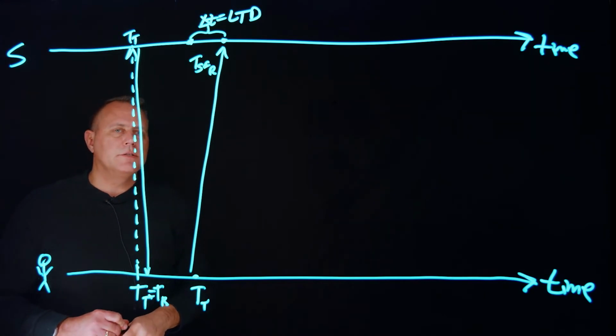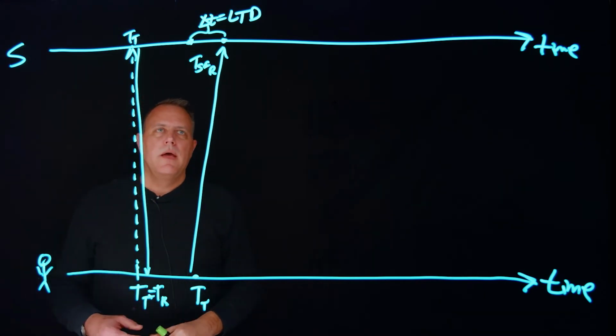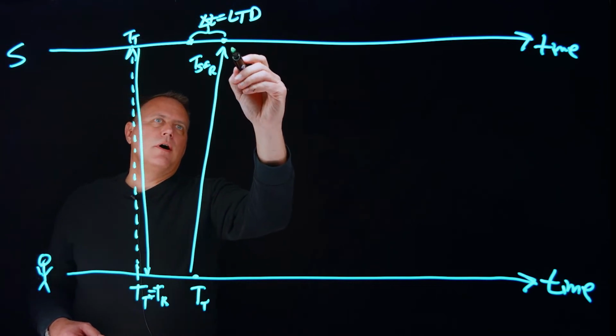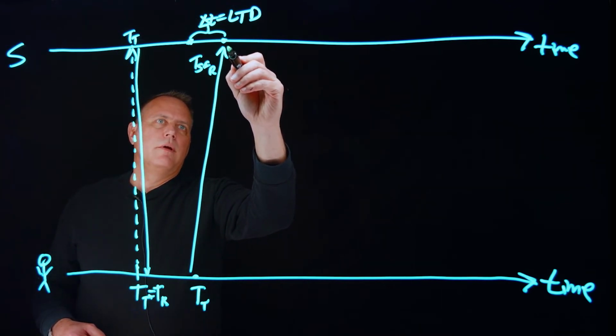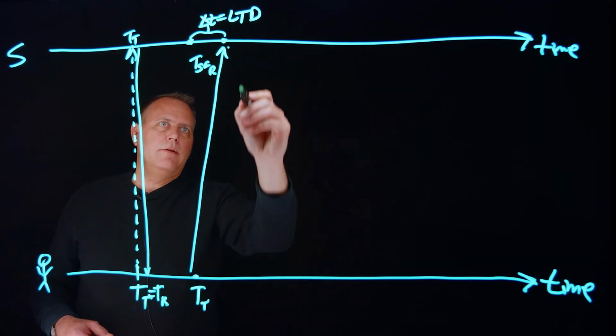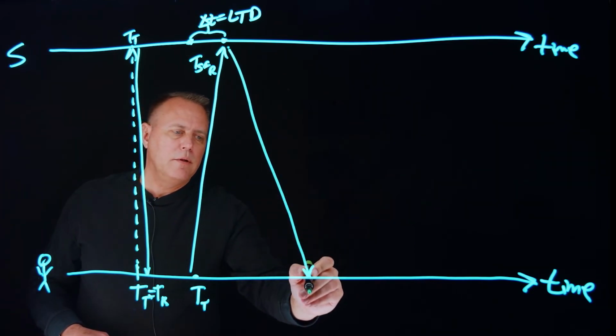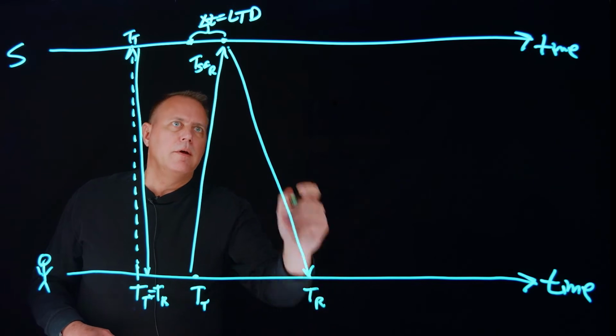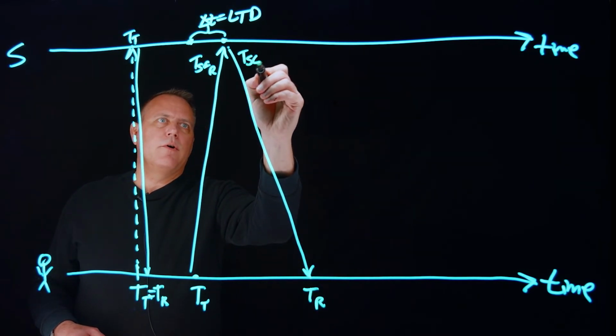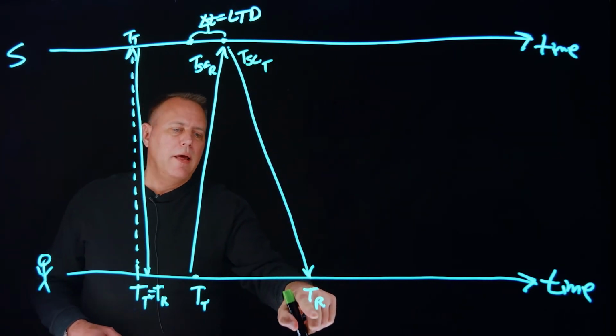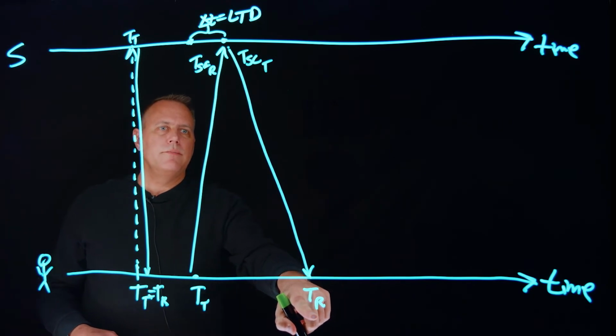Because the spacecraft is moving, when the signal bounces off, instead of arriving instantaneously, it takes some time to get down to me. This is my time of spacecraft transmit, and I have my time of receipt on the ground.